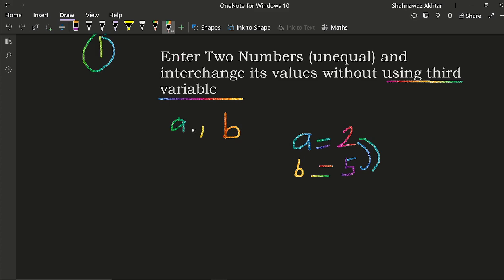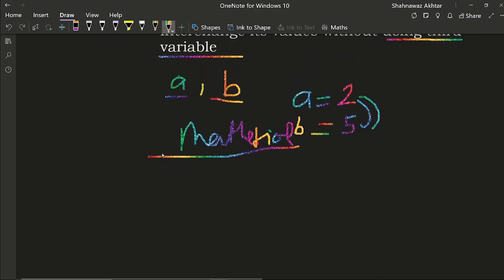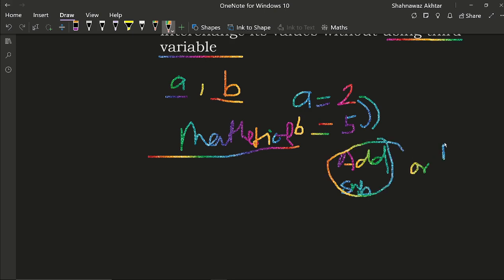See, the first logic is we just perform some mathematical calculations and interchange their values. That logic I am telling you here. We can do it using addition or subtraction, or we can use multiplication and division.